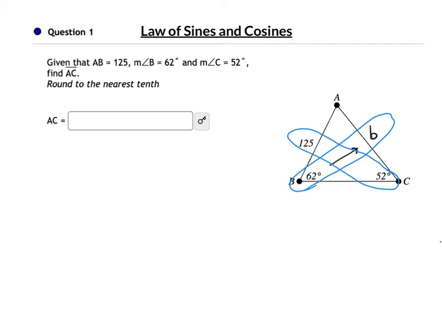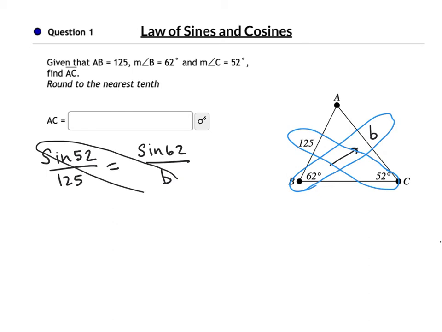Set up your law of sines. The sine of 52 over its opposite side, 125, equals the sine of 62 over its opposite side, B. Let's cross multiply. B times the sine of 52 equals 125 times the sine of 62.